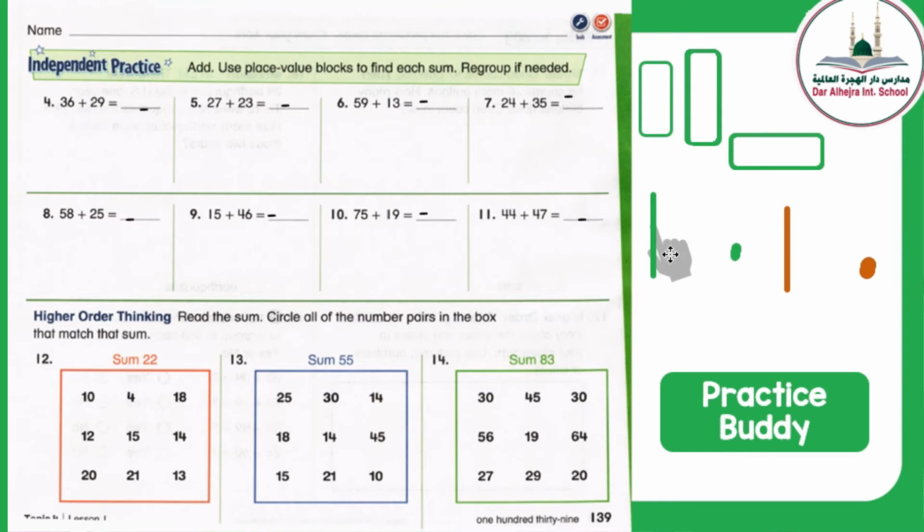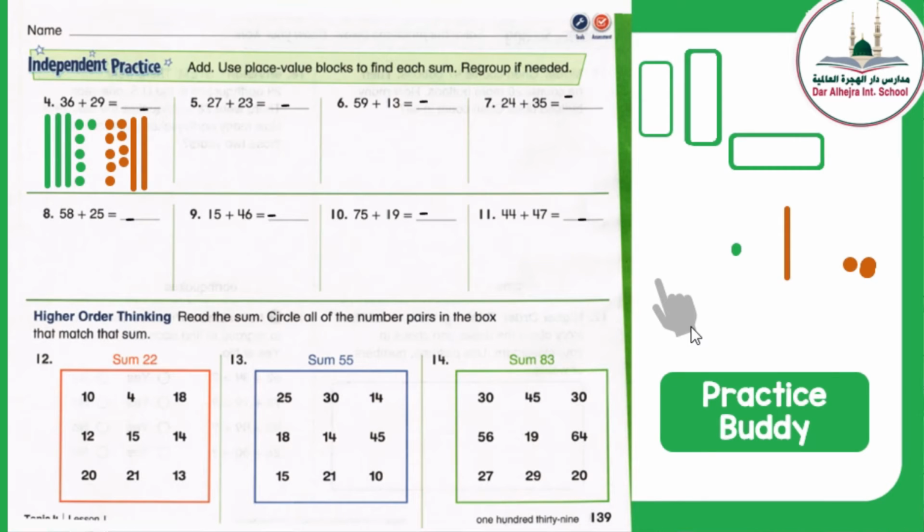I'll grab 3 of the lines to show 30 from the 36, and 6 green dots to show the ones. Here I have 3 tens and 6 ones. I have shown the tens with the lines and the ones with the dots. Here I have shown 29 by 2 lines, that means 2 tens, and 9 ones with 9 dots.